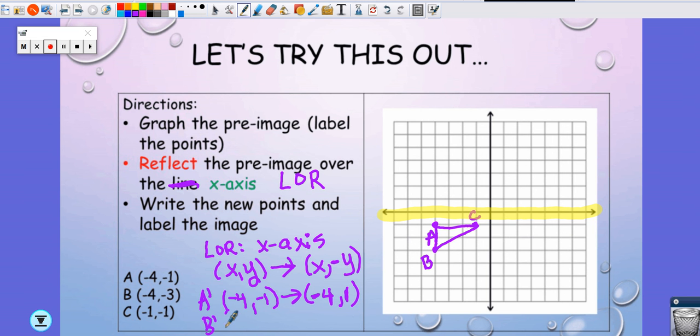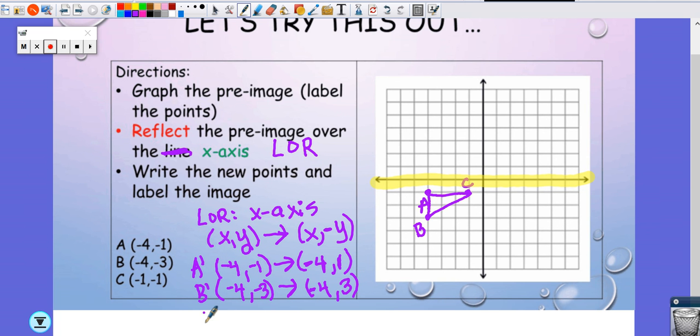To get my B prime, that was (-4, -3), I keep x the same and take the opposite of y, so that becomes +3. Anytime you see a negative sign, it just means to take the opposite of it. So for C prime, from (-1, -1), keep x the same and take the opposite of y. And there we go. Now I'm going to graph my primes.